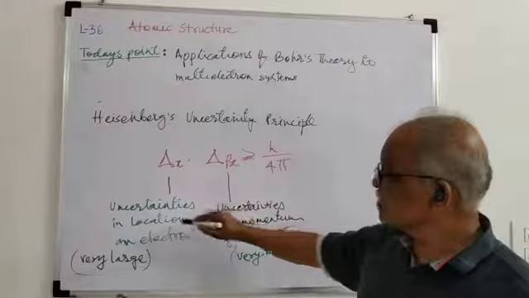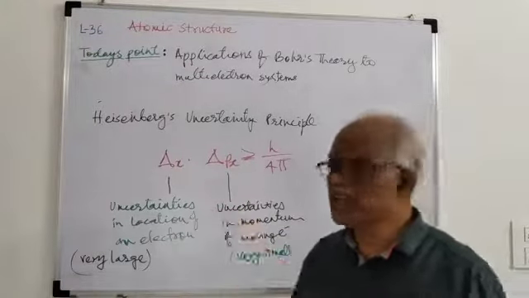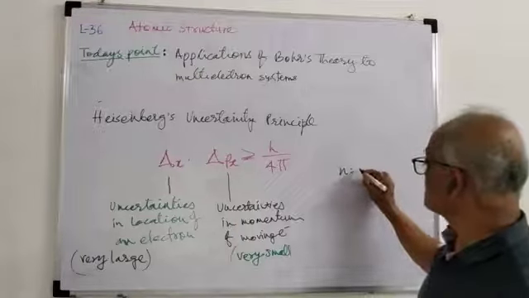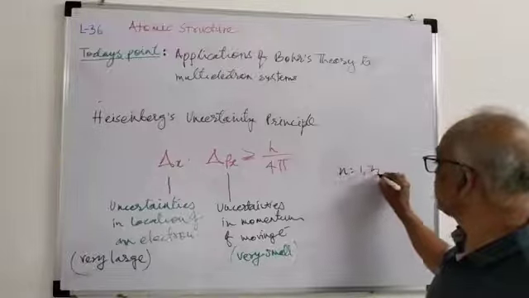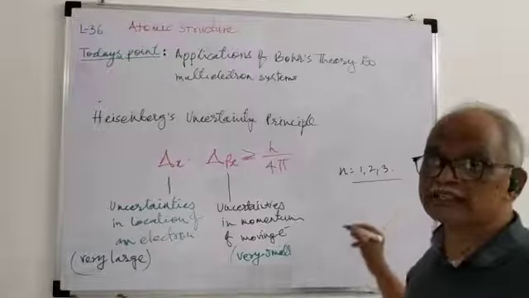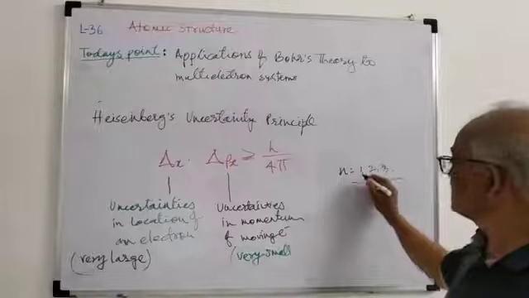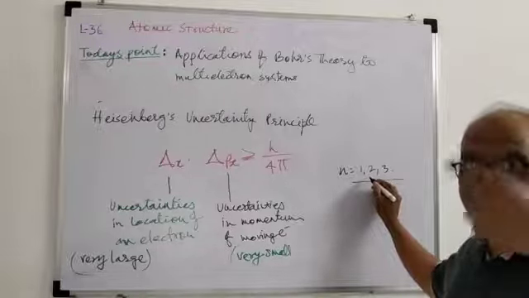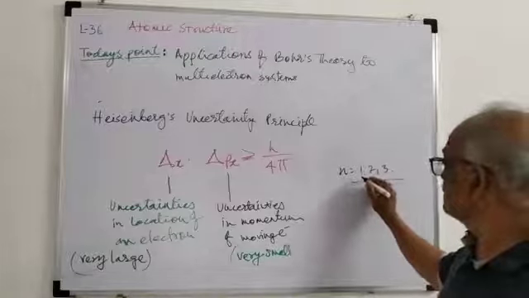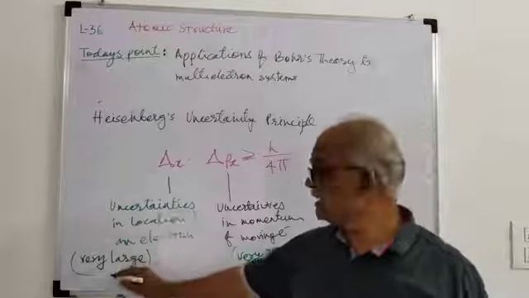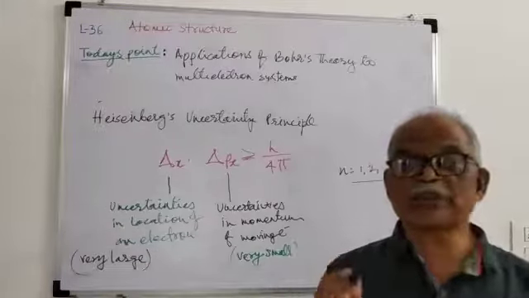So that is why it was suggested that the location of the electron, meaning when we consider n equal to 1, 2, 3, etc., the principal quantum number, that is the exact orbit of the electron, is very difficult to point out according to this principle.